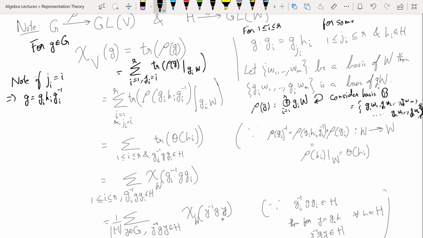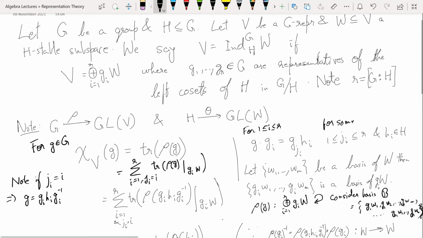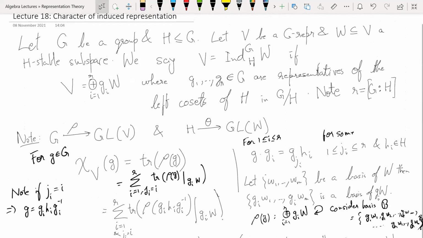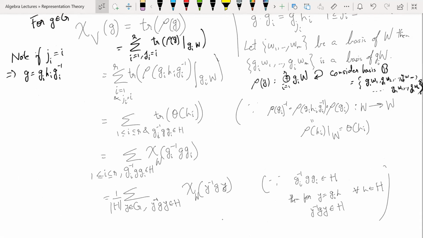Remember, W is a G-stable, H-stable subspace of V. So you restrict rho H_i to W, and what you get is basically theta H_i. So the trace of this product of three matrices restricted to W is the same as the trace of theta H_i.